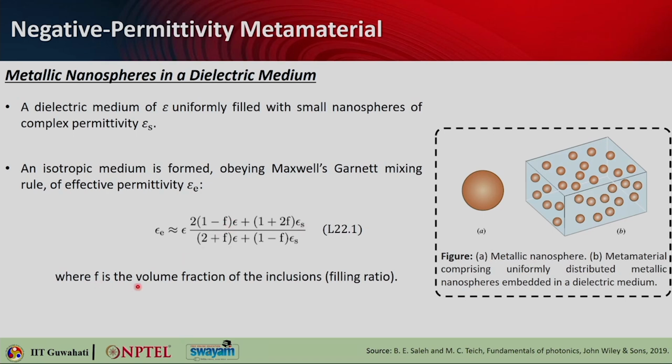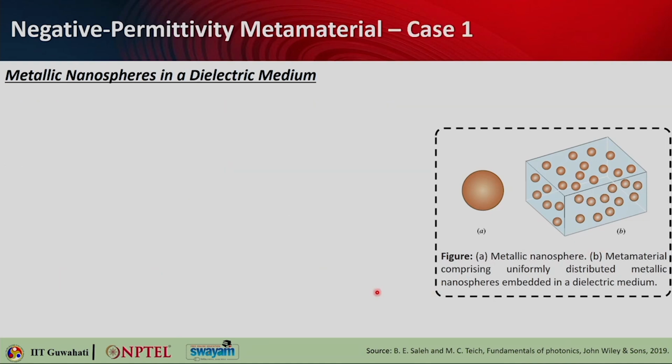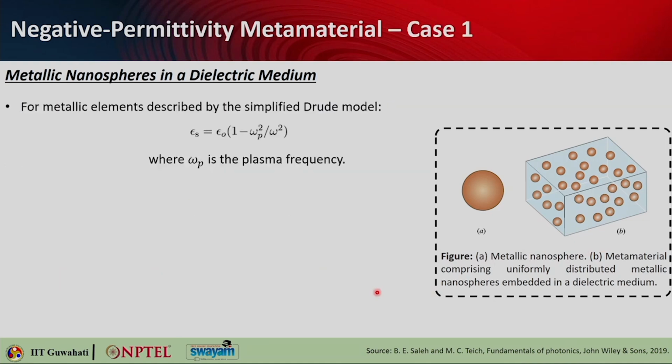Filling fraction is nothing but the ratio of the volume occupied by these nanospheres over the total volume. This is also called the filling ratio. Now what happens with that?